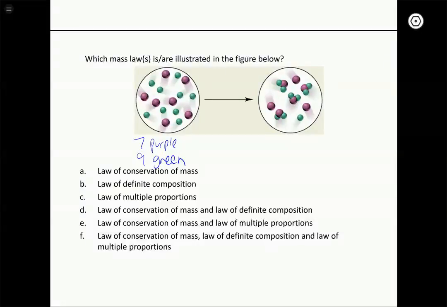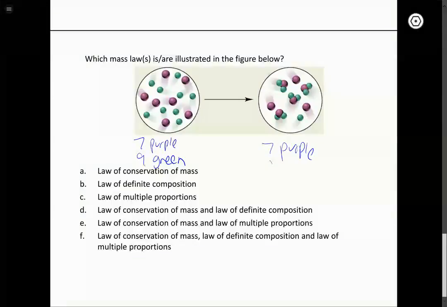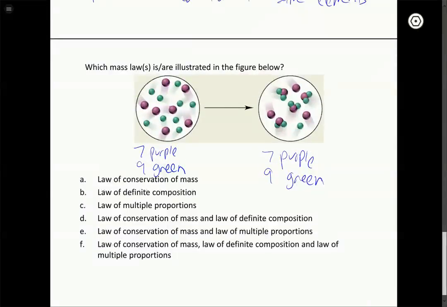And then what we're ending with after the chemical transformation, if we count the purple atoms, we have 1, 2, 3, 4, 5, 6, 7 purple. And if we count green, we have 1, 2, 3, 4, 5, 6, 7, 8, 9 green. Okay, so we have the same exact matter or mass before and after, so the law of conservation of mass is demonstrated by this picture.